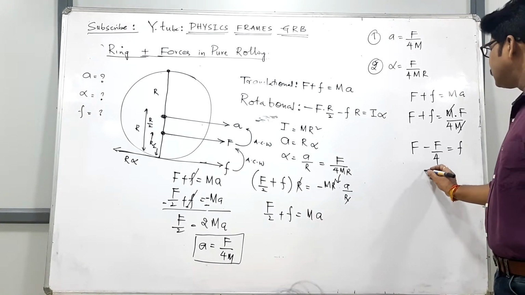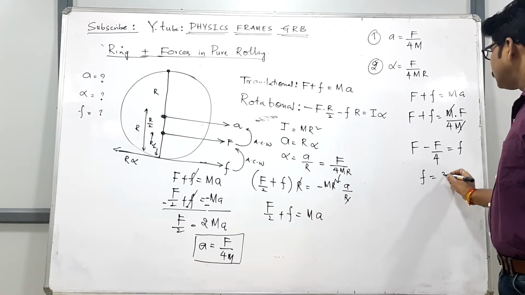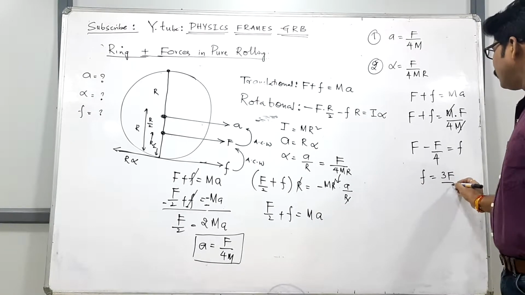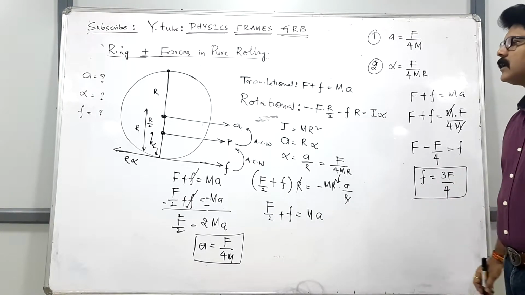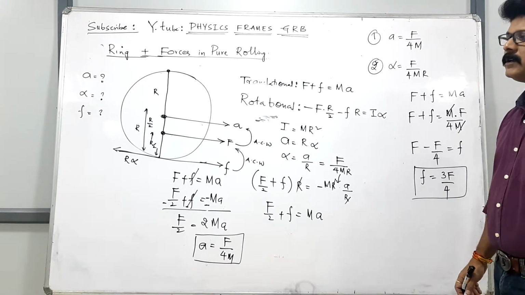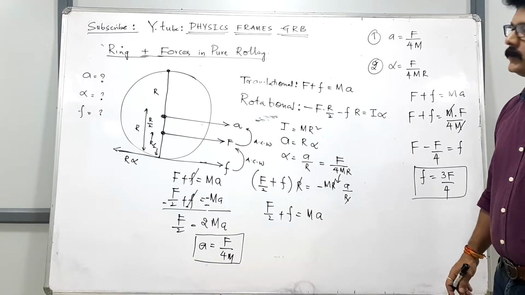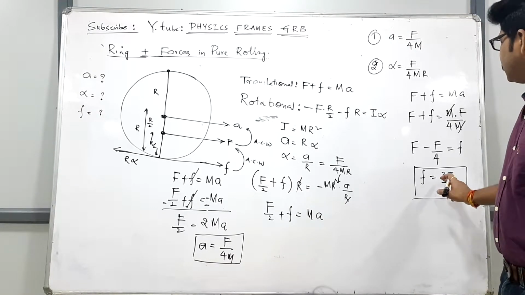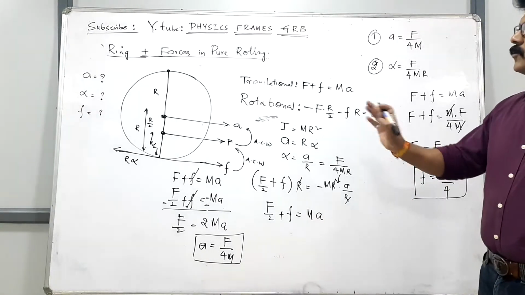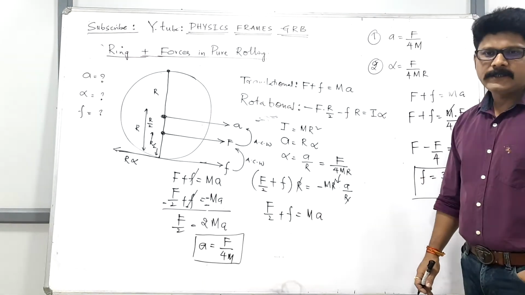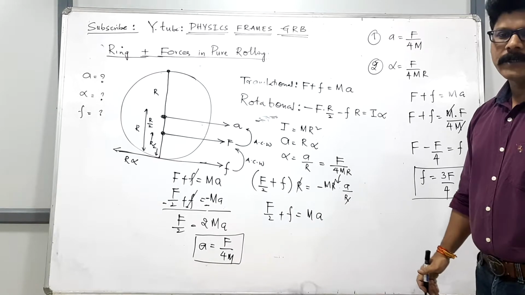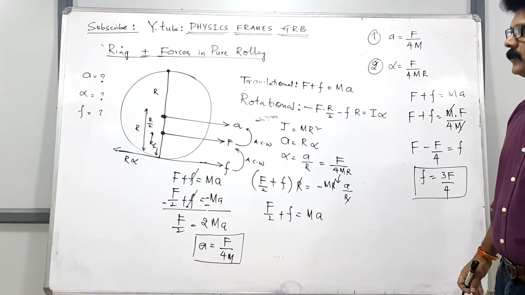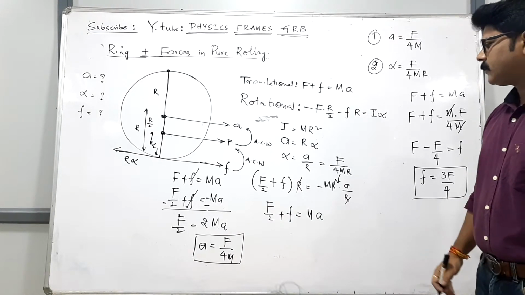That is nothing but f equals 3F by 4. This is the frictional force. That means the frictional force is acting in the forward direction. So f is 3F by 4, applied force is F. Then it comes into pure rolling. Is this clear?